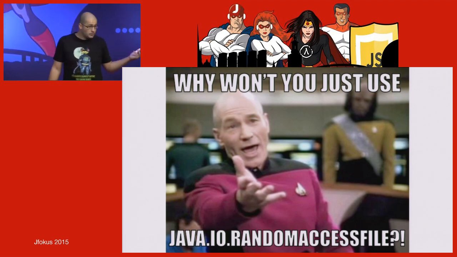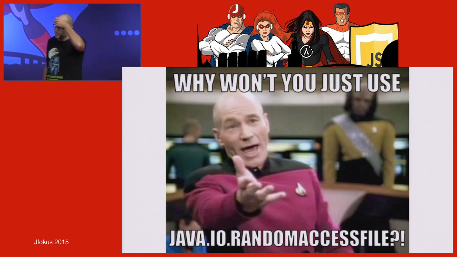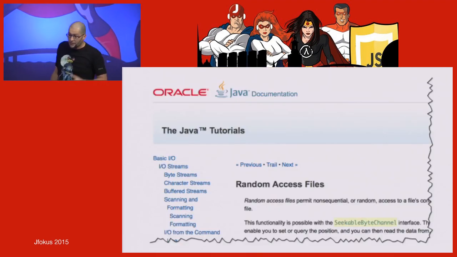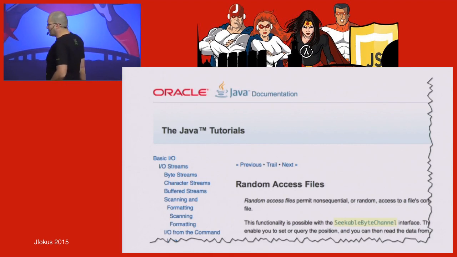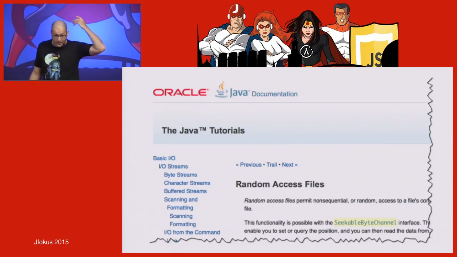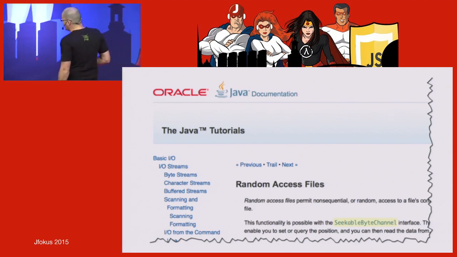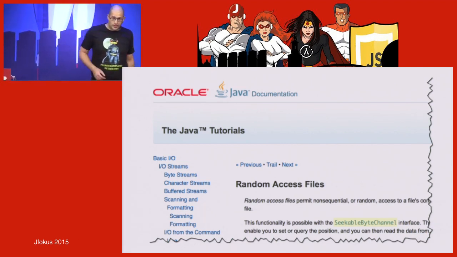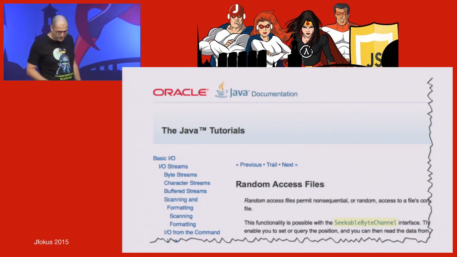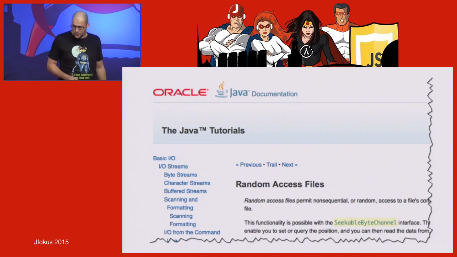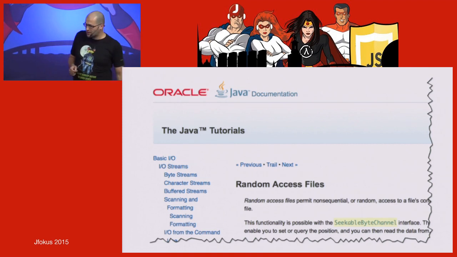There is a page called RandomAccessFile in the Java tutorial, and the page advises you not to use RandomAccessFile, because the name remains from Java 4, but now we have new IO with SeekableByteChannel. And SeekableByteChannel, as opposed to RandomAccessFile, is thread safe, is much more efficient, and performs generally better. So the page advises you to use the SeekableByteChannel.